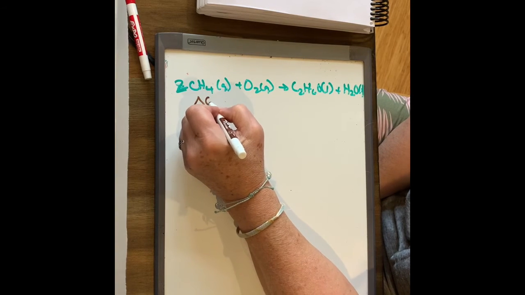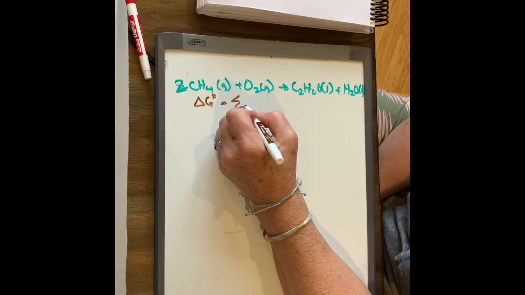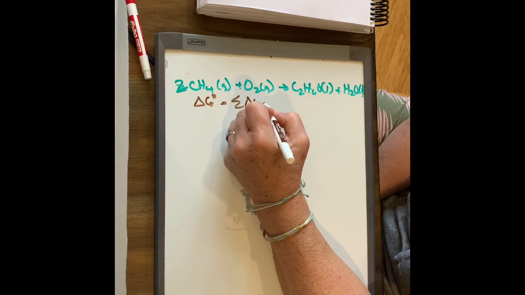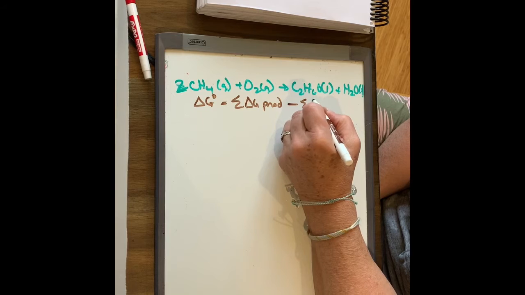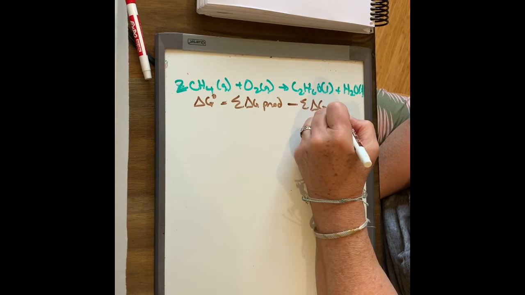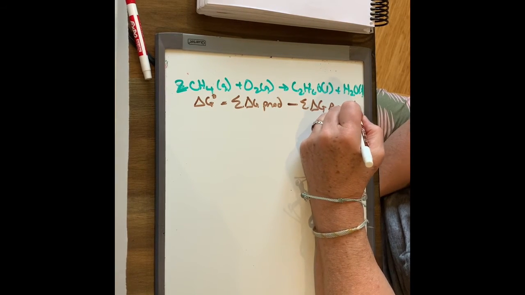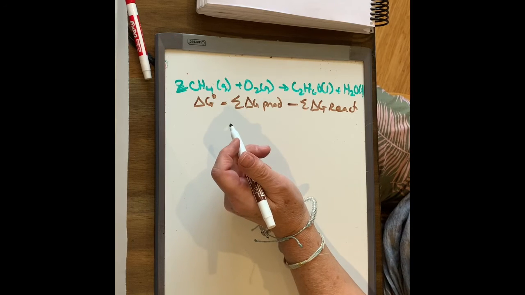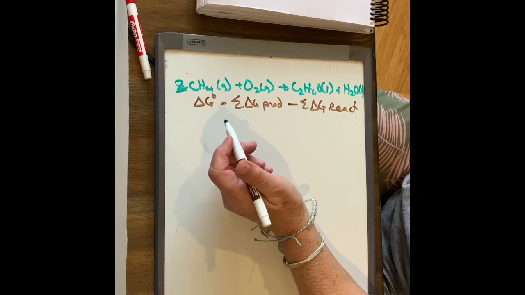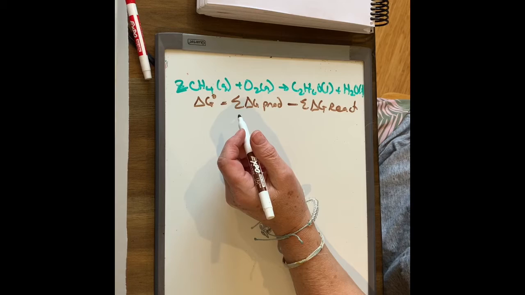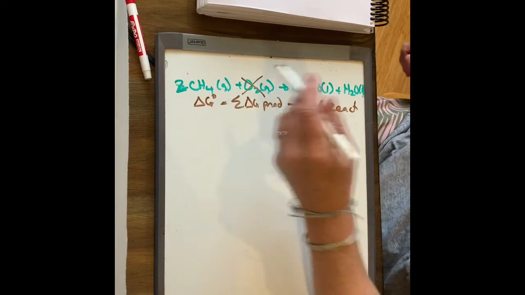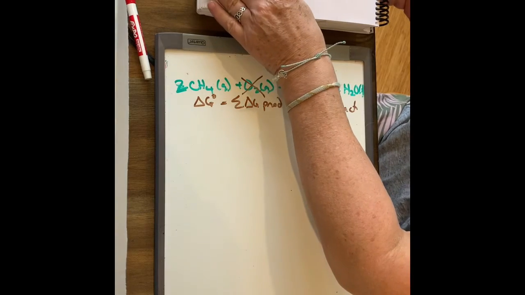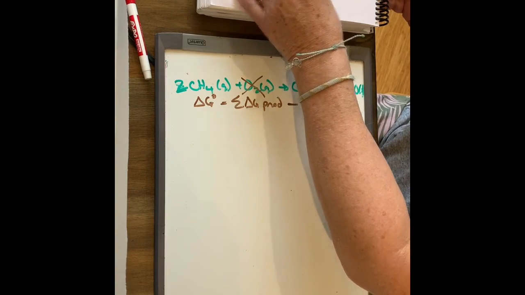Delta G is the sum of the delta G of the products minus the sum of the delta G of the reactants. So we continue to have that same pattern, at least, so that it helps prevent us from being totally frustrated.